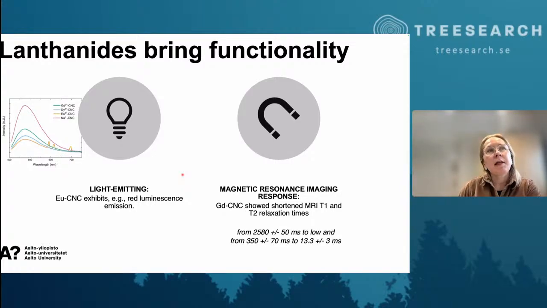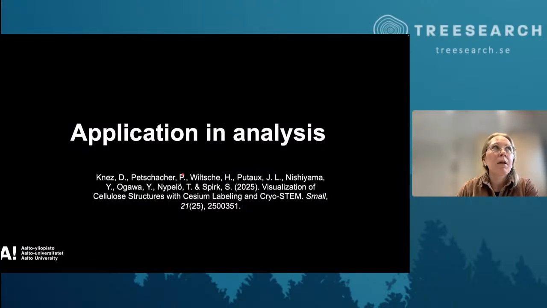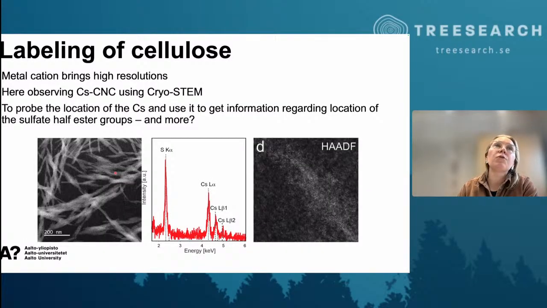And then the latest work that we have done is to apply some of this modification method of these cations in the analysis of cellulosic materials. This is more recent, from last year, mainly driven by Daniel in Graz, to use the metal cation for labeling of cellulose, and then analysis or visualization of its structure or properties.